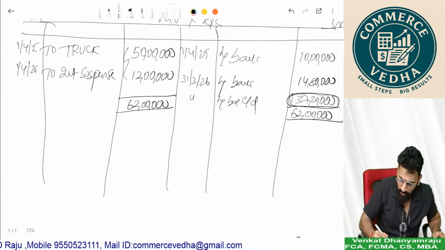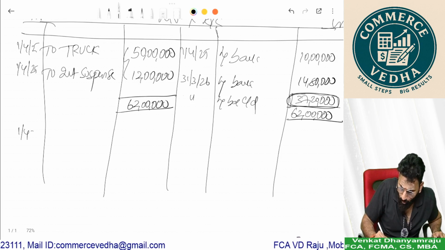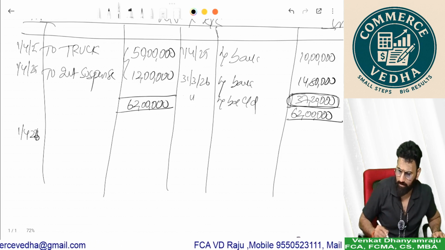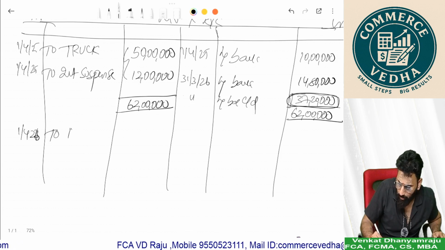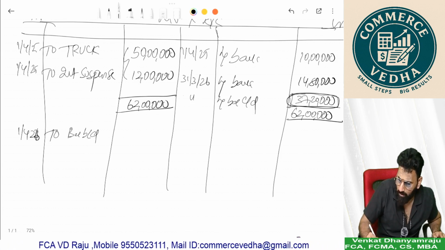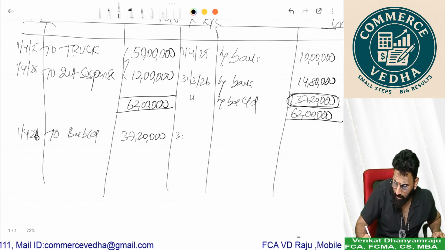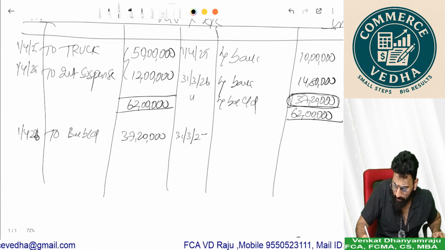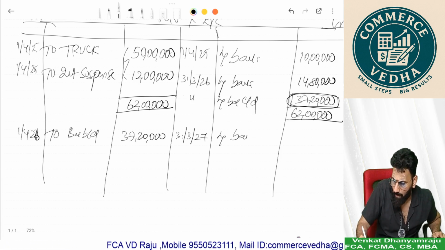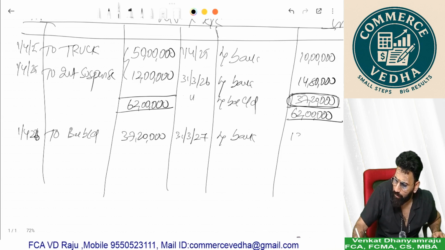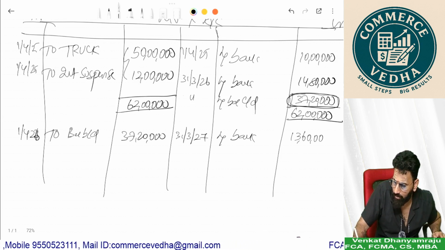Yes, and next 1426, to balance brought down 37 lakhs 20,000 and 31/3/27 by bank 13 lakhs 60,000.